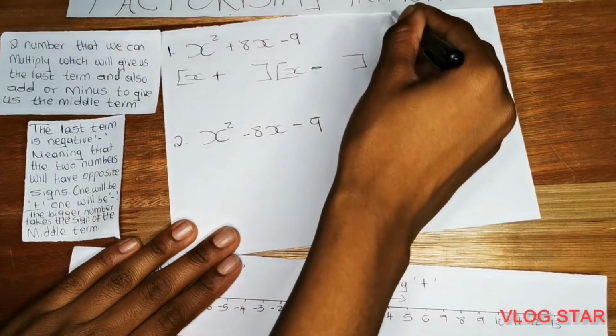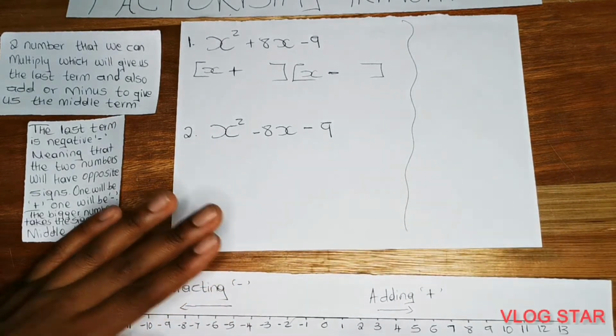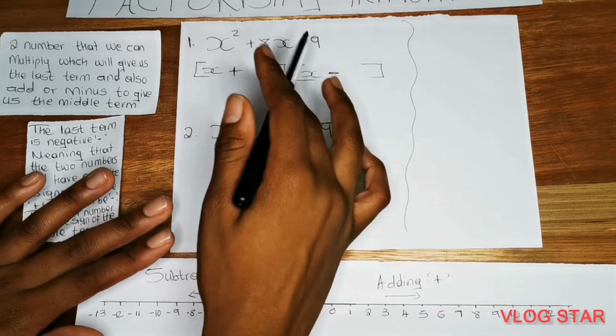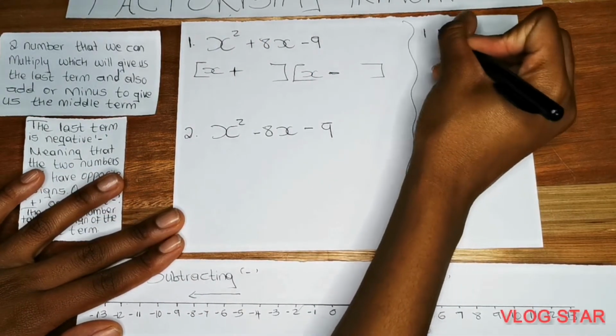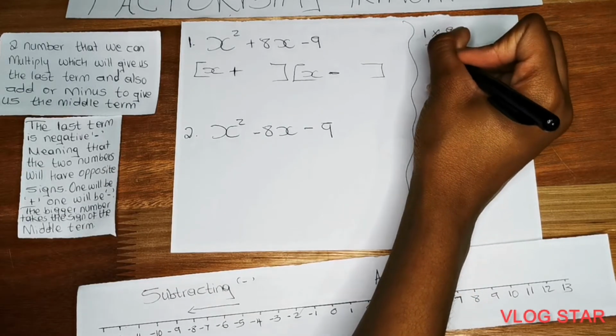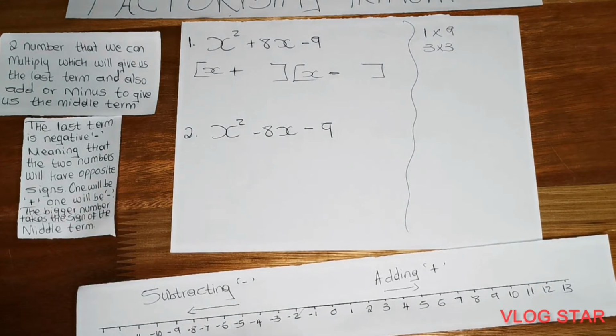So let's go to our rough work. We're going to say which two numbers multiply to give us 9. We have 1 times 9. We have 3 times 3. So how do you know which pair you're going to use?